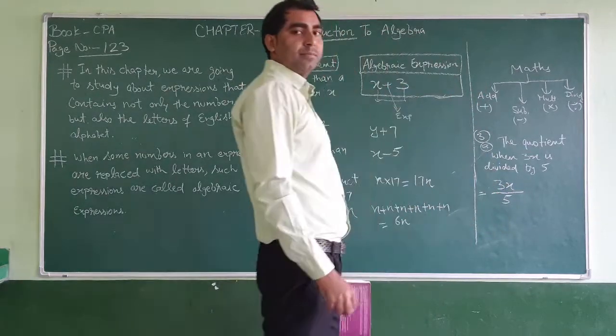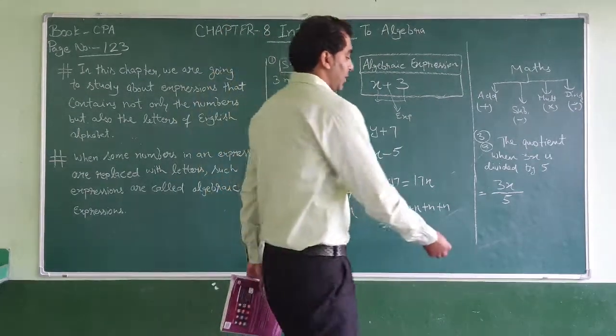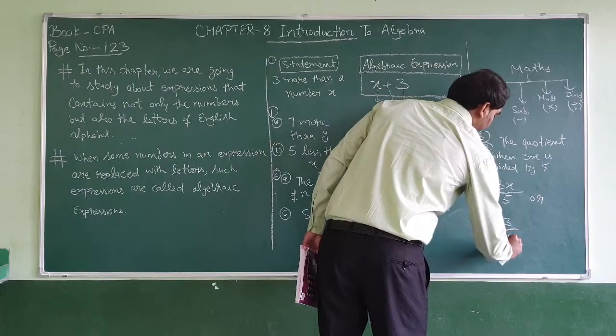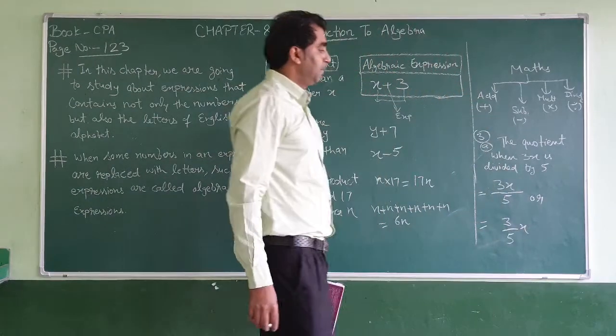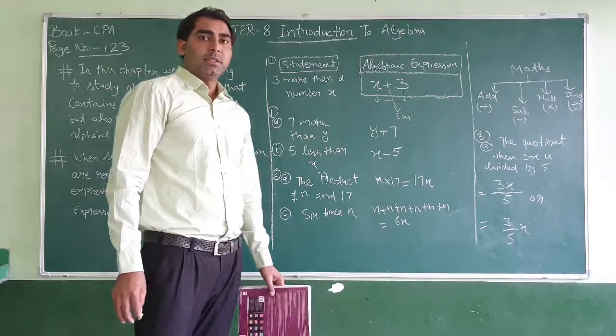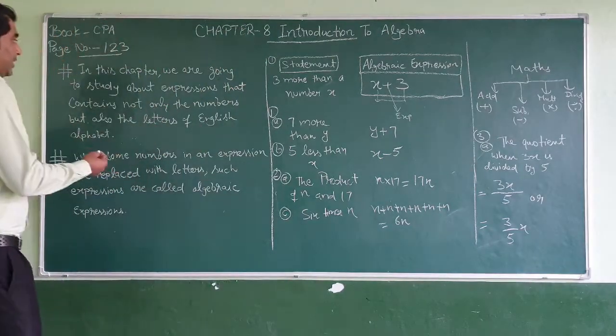That's it. We can write it like this, 3x by 5. Both things are the same.